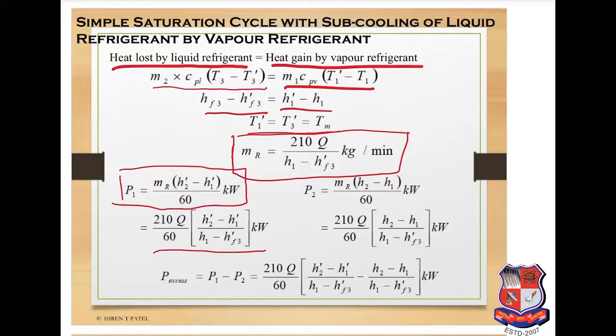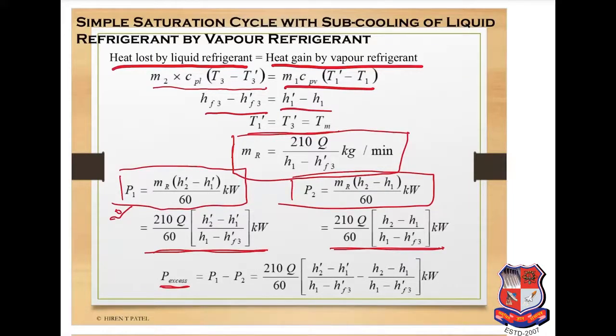If we put the value of that, then (H2 dash minus H1 dash) divided by (H1 minus HF3 dash) kilowatt. This power is with heat exchanger, while we use subcooling, and this one is when we are using it without subcooling. So this is the power without heat exchanger and this is the power with heat exchanger. So the excess power that we need is P1 minus P2 kilowatt.